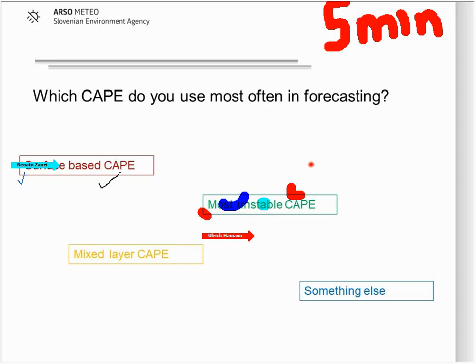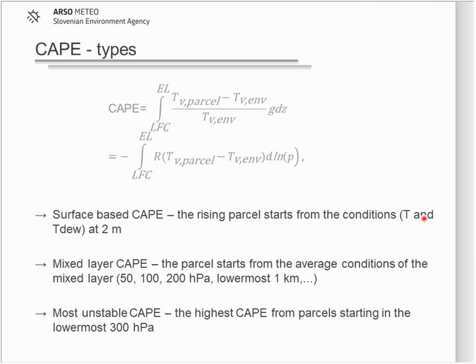Just to present the three different CAPEs, the different CAPE calculation comes from the different air parcels that we choose to calculate the CAPE. So we need a rising parcel that starts either from the surface conditions, which is called the surface-based parcel, and the CAPE calculated from this parcel is the surface-based CAPE.